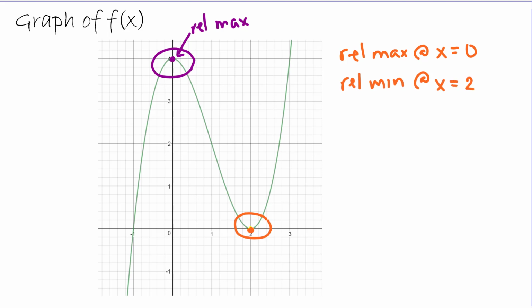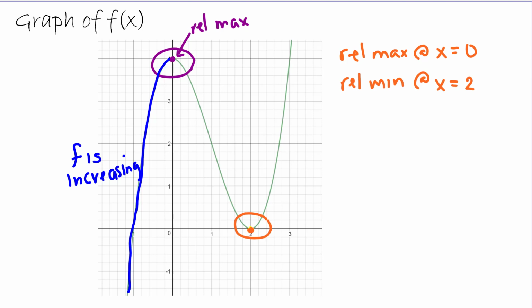The next feature we're going to look at is what the slope of this graph looks like. In what regions is this graph increasing or decreasing? If you look from the relative max and everything before it, if I were to trace this part of the graph, f is increasing. It's going up.